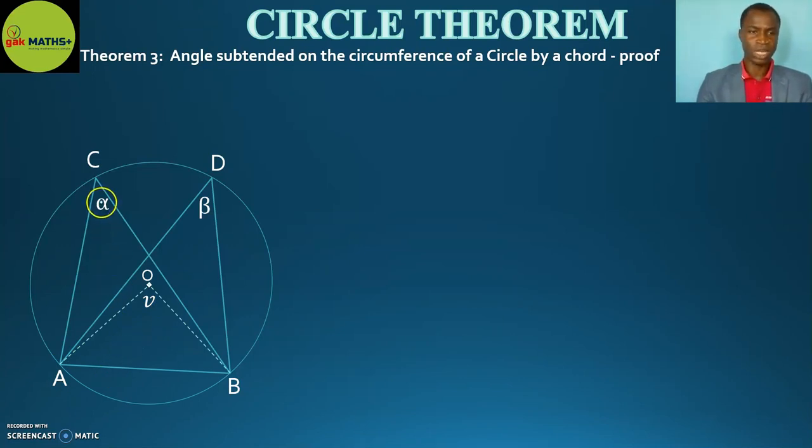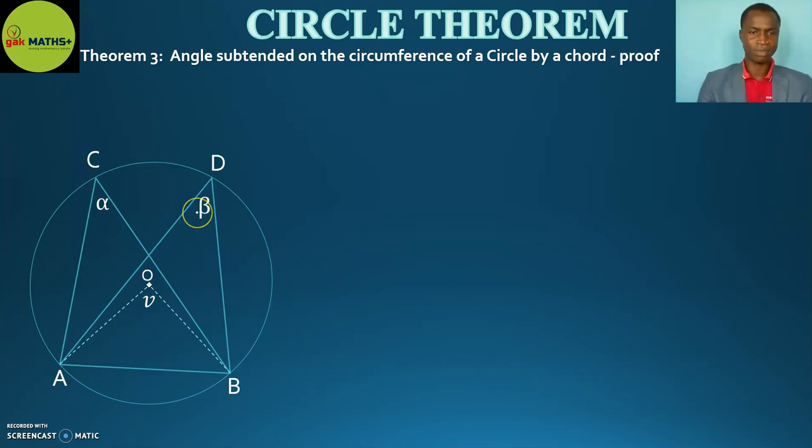That is, 2 times the angle subtended on the circumference is equal to the angle subtended at the center from the same arc. So we can say that 2 times alpha is equal to V.